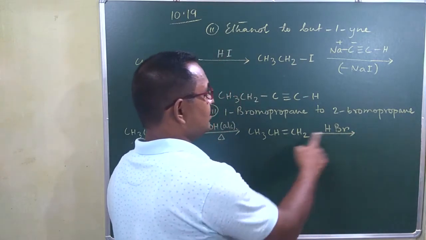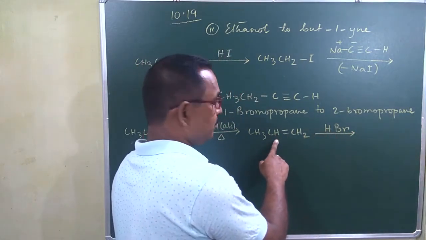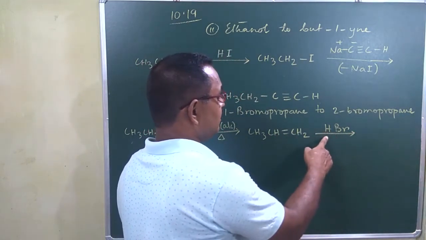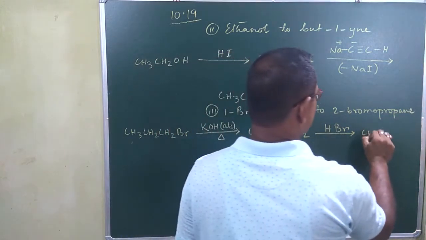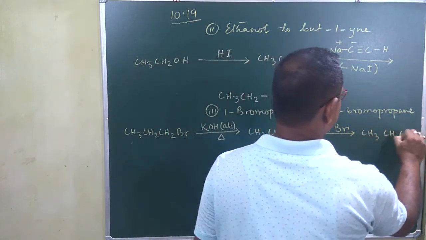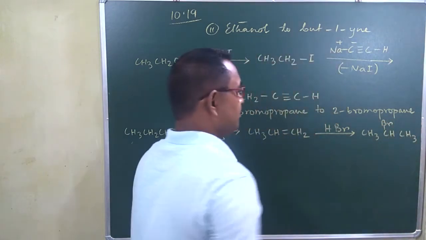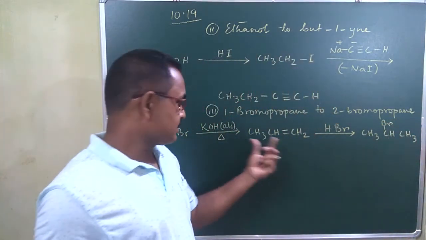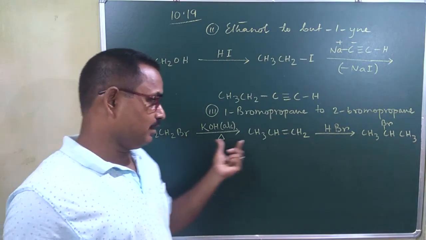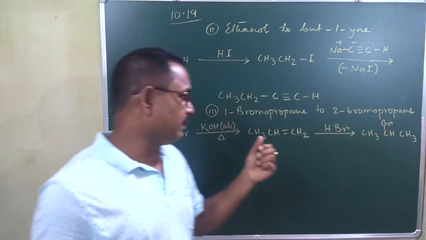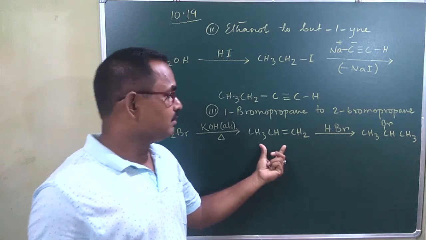There will be addition of HBr to propene according to Markovnikov's rule. So you will have this product. So starting from 1-bromopropane, we can have 2-bromopropane via propene.